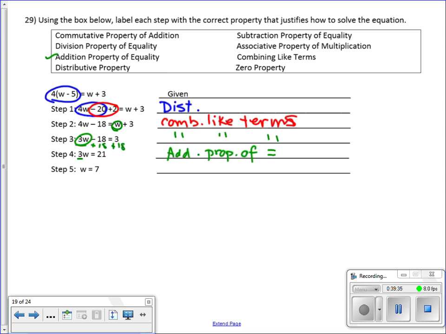And then our last step here, we're dividing both sides by 3, which gives us our division property of equality. So that's our one here, division property of equality. So those are those. So think of what you're doing. This is our multiplicative inverse, but we don't have that, so it's also dividing both sides. We've talked about that. Whatever we do to one side, we can do to the other, and that keeps it equal.